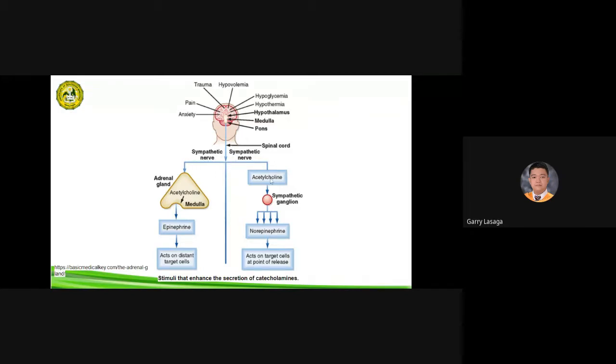So the preganglionic nerve of the sympathetic nervous system will release acetylcholine, and acetylcholine will act on the postganglionic nerve in order to produce norepinephrine. So norepinephrine will act on the target cells at point of release.